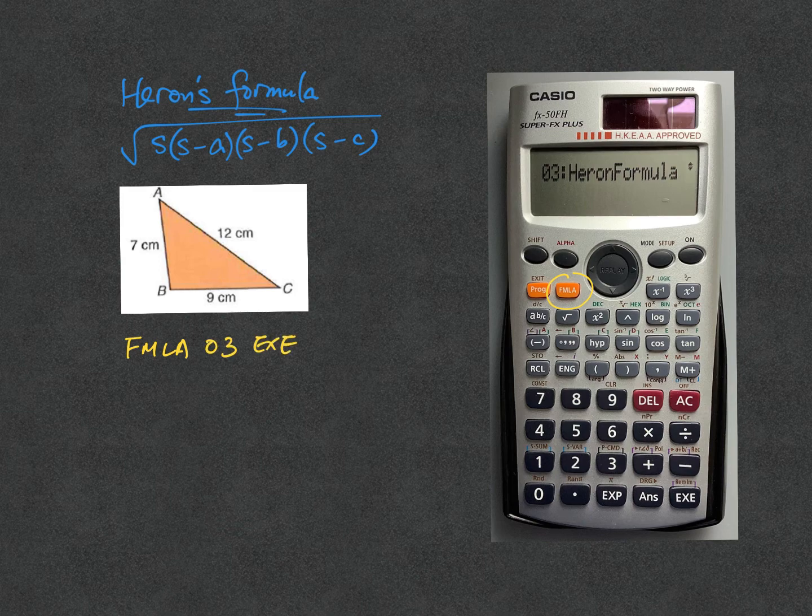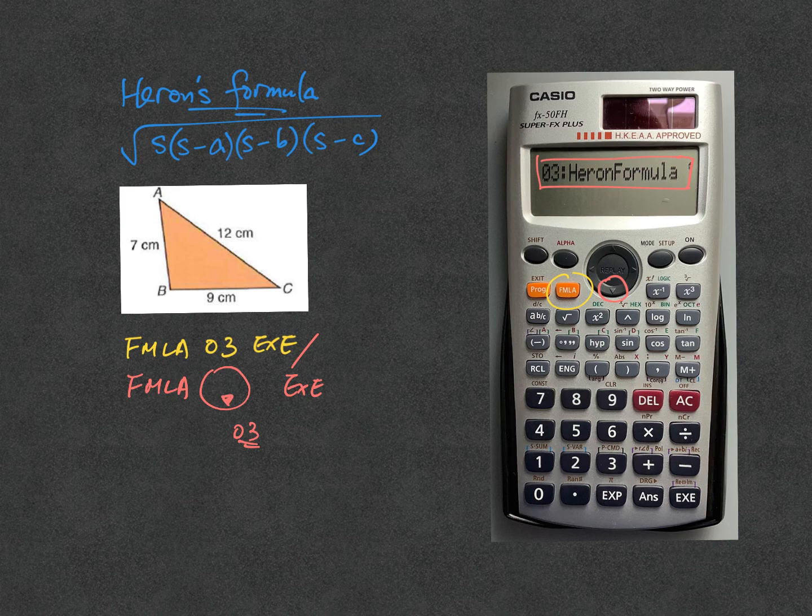The other way is to press FMLA first, and if you forget which formula is Heron's formula, you can press the down button until you reach 03, and you see Heron's formula displayed in the calculator. Then you press EXE.